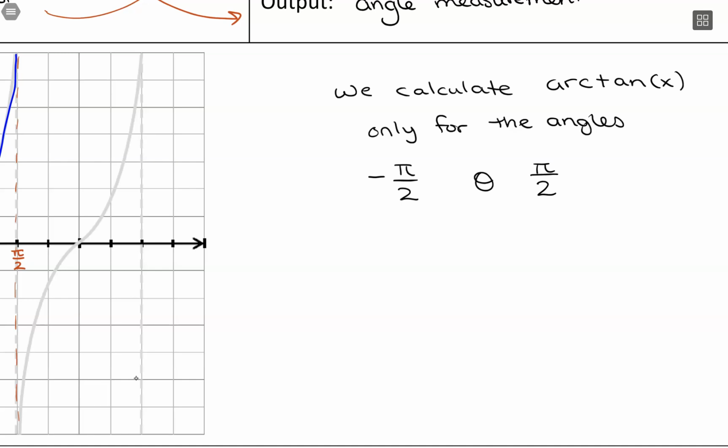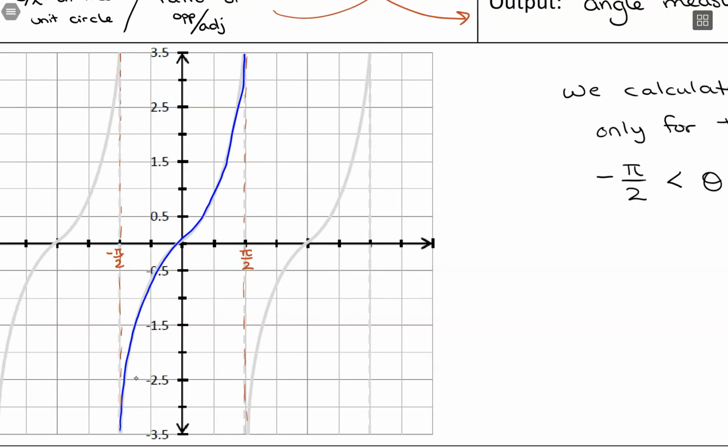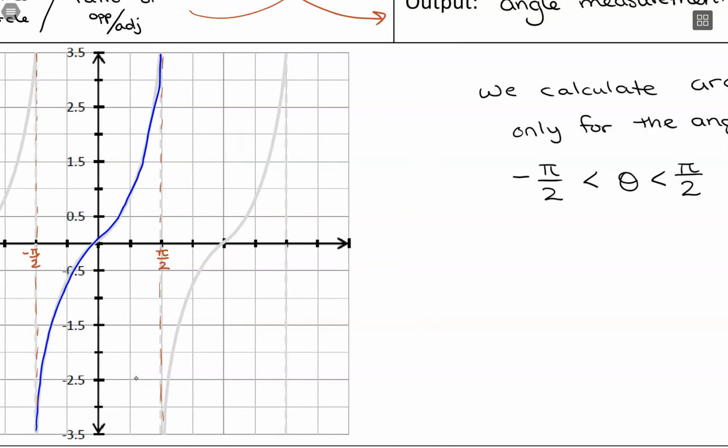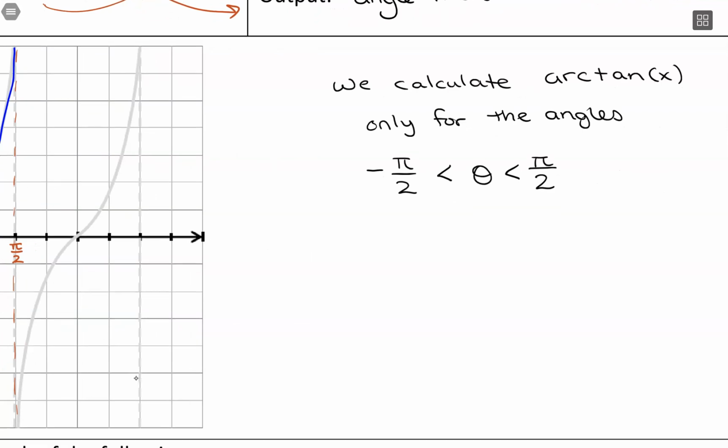which looks a lot like sine, but with sine we had less than or equal to, more than or equal to. Here we don't have the equality part of it. These are going to be strictly between, but we're not including negative pi over 2 or pi over 2 because of those asymptotes there. The fact that we can't plug in those angles to our original tangent function means we can't take the inverse at those values either.